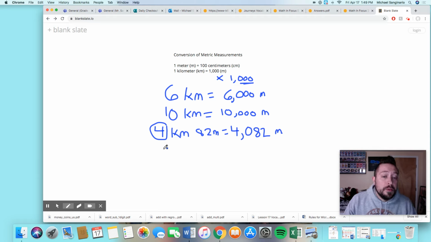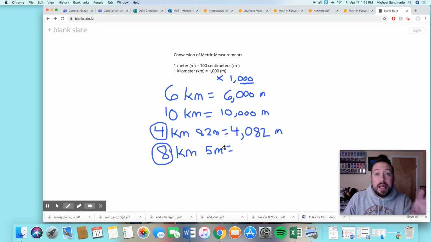Another example might be, let's say, 8 kilometers and 5 meters. We know that 8 kilometers is the same as 8,000, but we have some meters already here, so it's not going to be exactly 8,000.